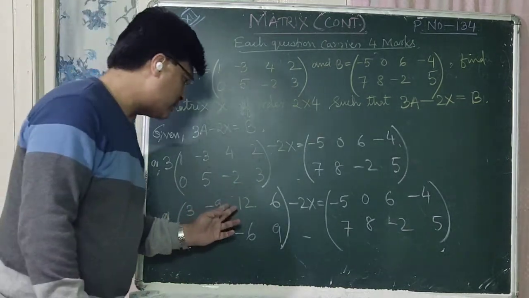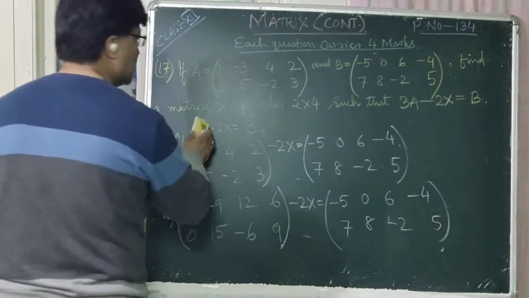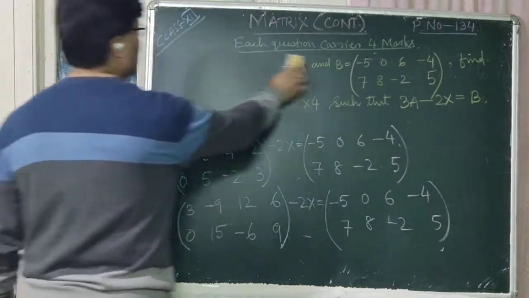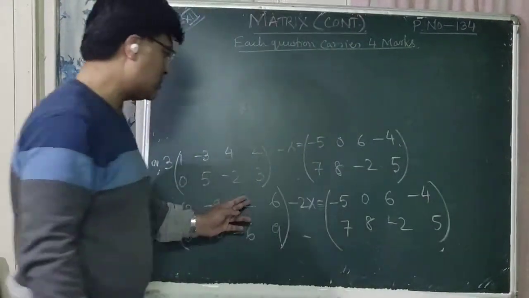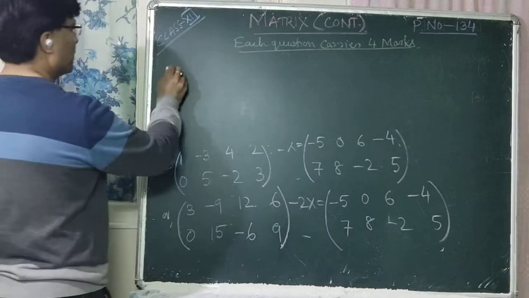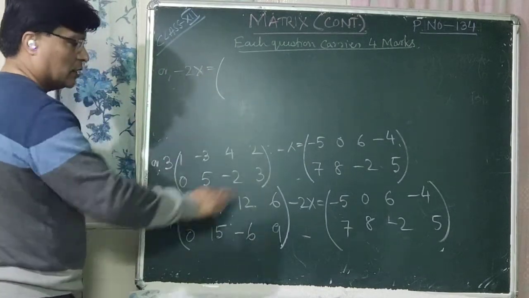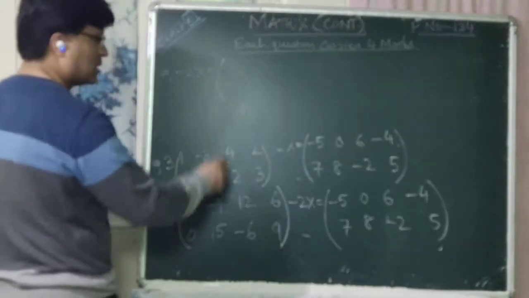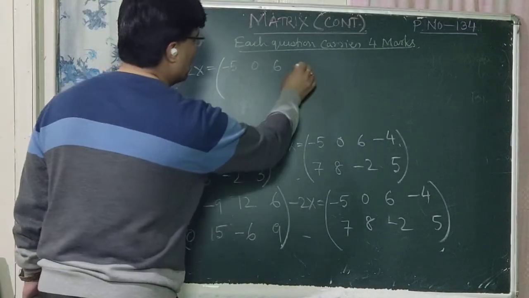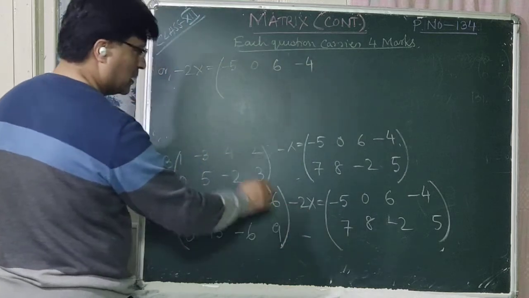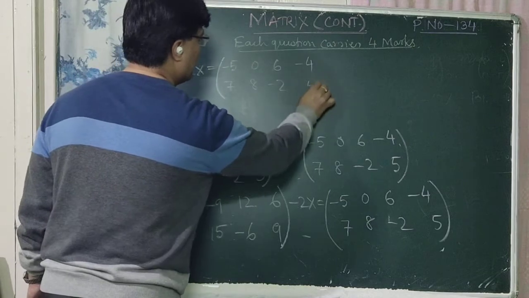So now this is just like an equation. Let us take this matrix to the right hand side. It becomes minus, isn't it? Now let us solve this equation. Minus 2X is equal to, what is the right hand side matrix here? Minus 5, 0, 6, minus 4, then 7, 8, minus 2, 5.